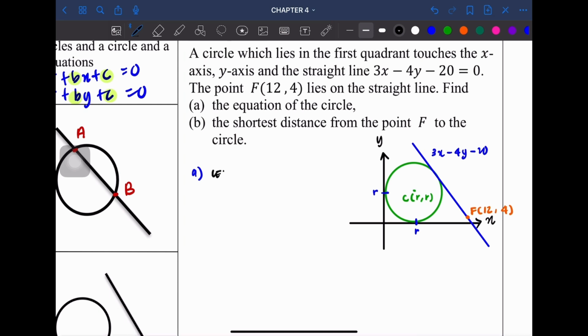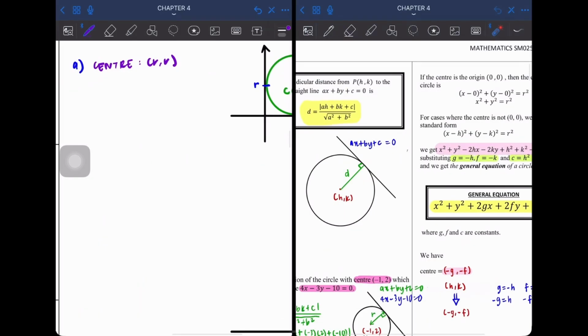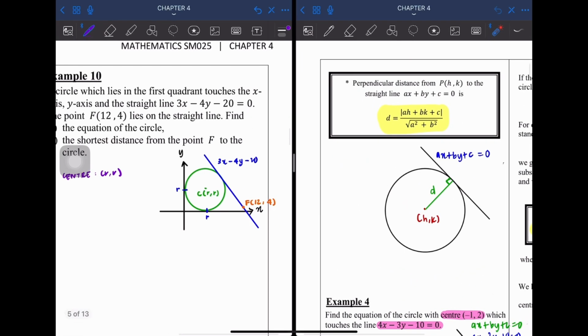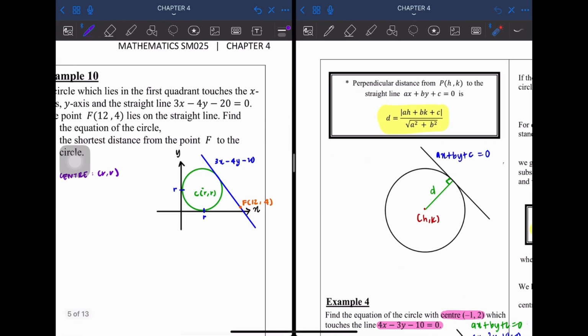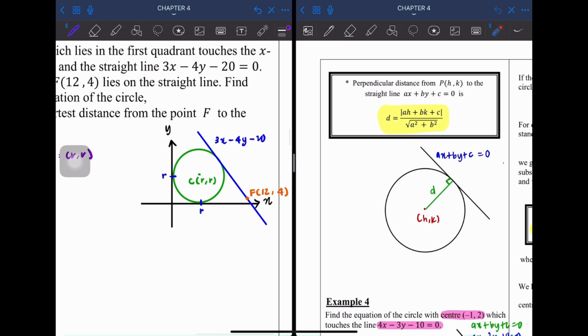Your center is (r, r). Now you have to find the radius. So how do we find the r? We can use the formula that we have learned from the previous lecture, the perpendicular distance to the straight line. We have a straight line over here, so we can find the r.